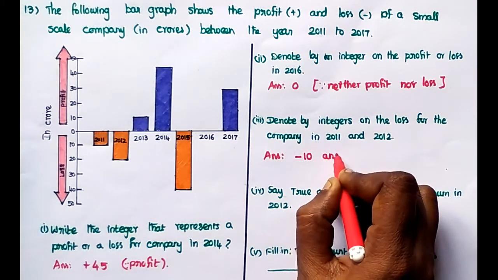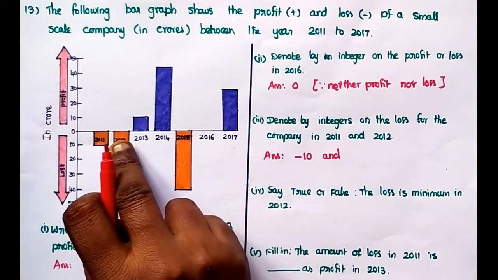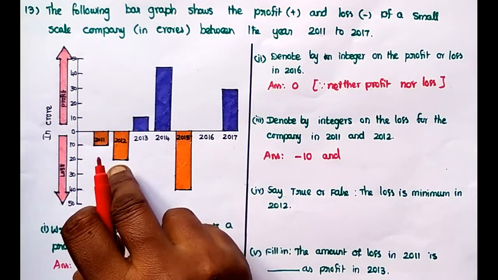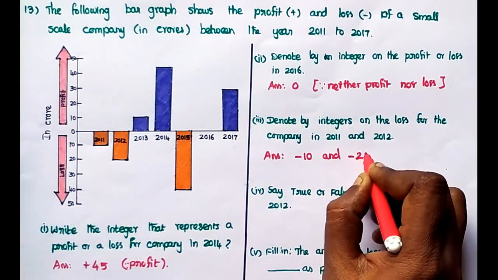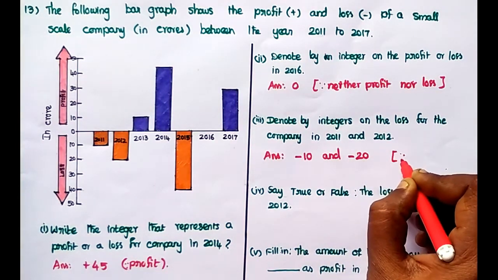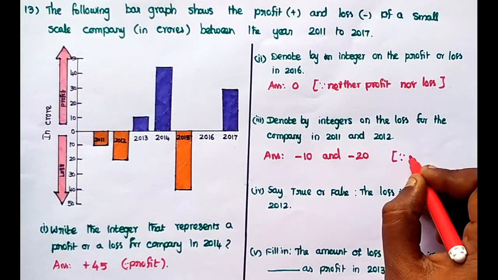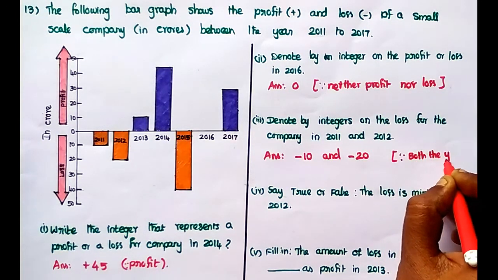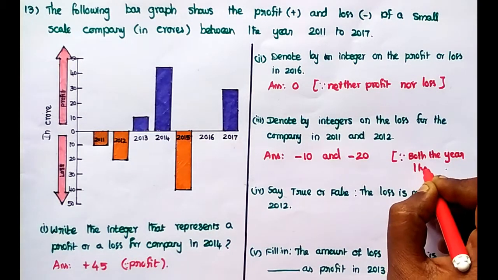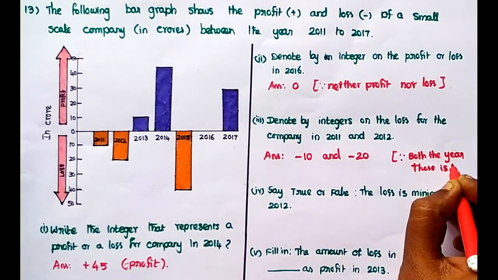And 2012 also loss. How much? 20 crores. So minus 20. So both the years there is loss.